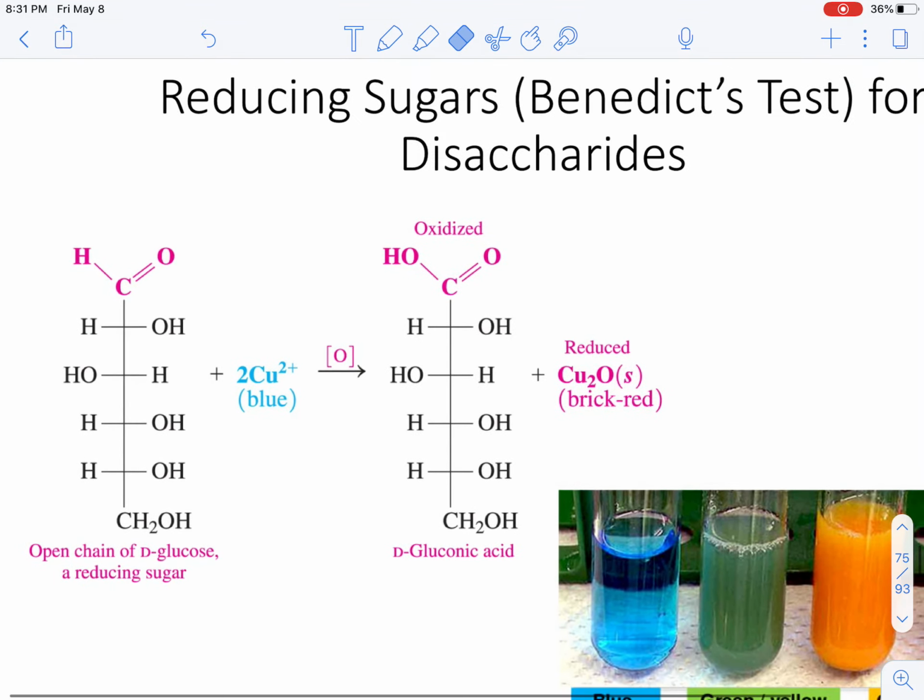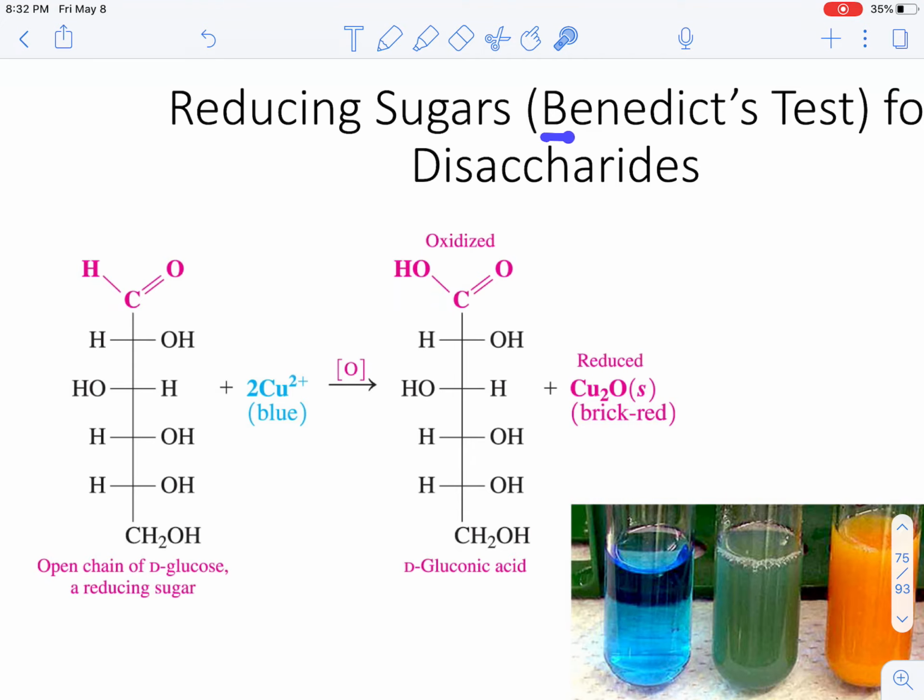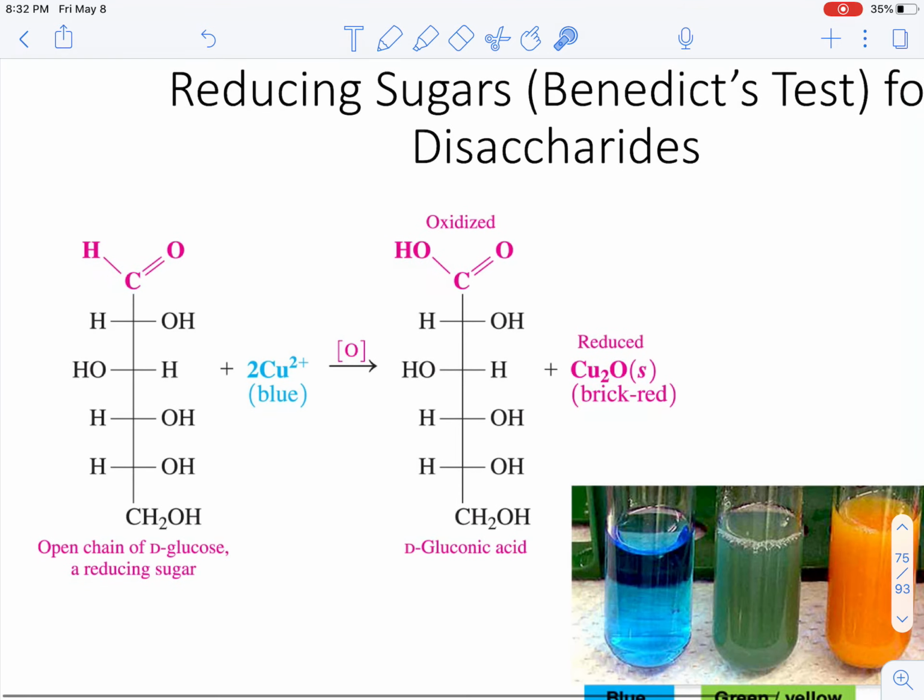The idea is that if you have at least one free anomeric carbon, then this whole sugar, no matter how long the chain is, is classified as a reducing sugar. The word reducing sugar comes from the reaction in this Benedict's test. Benedict's test involves an oxidation reaction with this copper 2 ion.